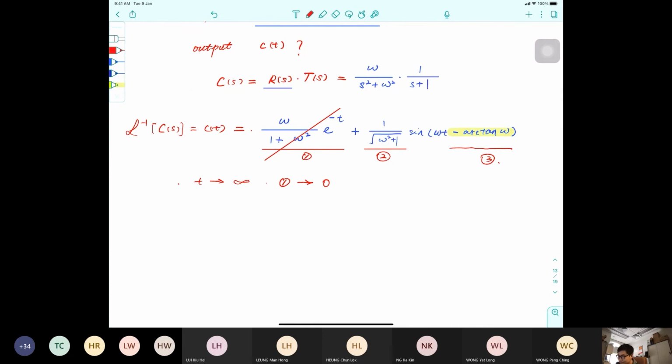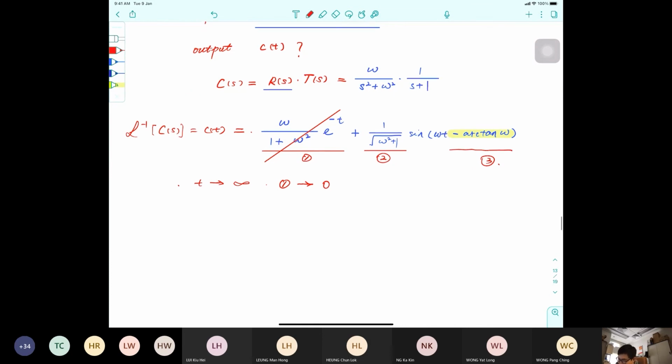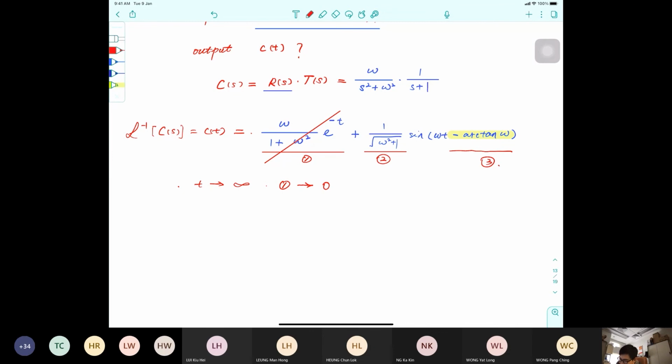Second one is a function of omega, right?